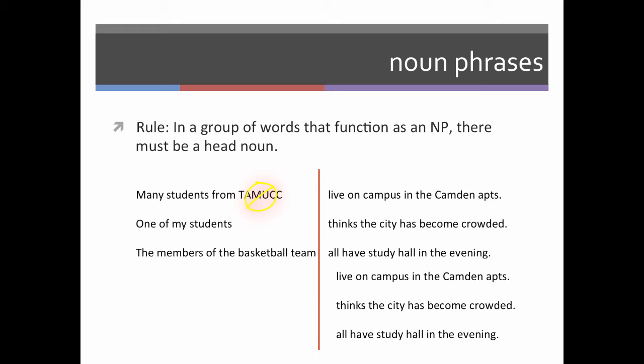The same is true in the third example when we have the members of the basketball team. The team is a noun certainly, but it is not the head noun of this phrase. And I skipped number 2, but one of my students. Again, one is the head noun. Again, we can substitute those with pronouns to help us identify that full chunk is the subject, but there's only one head noun within each of those.